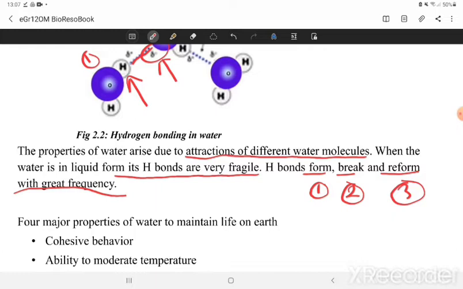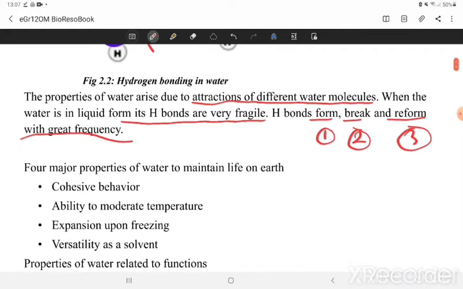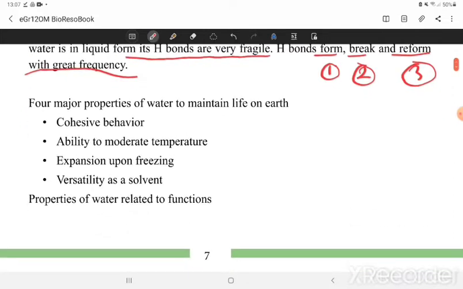Now, the 4 major properties of water to maintain life on Earth. So what are the 4 major properties of water that are important to maintain life on Earth? Number 1, we have cohesive behavior.